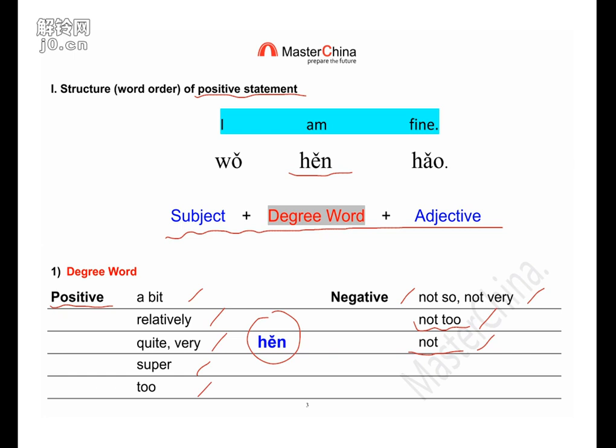I think some people already know. Some people learn Chinese for a while, and are familiar with this expression, I'm fine, 我很好, but maybe you only memorize the 3 words, 3 pronunciations, 3 syllables. You don't understand the structure. Why we say 我很好, right?